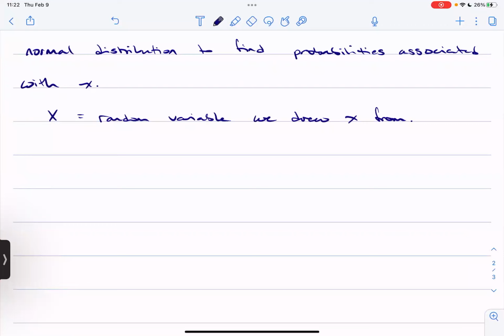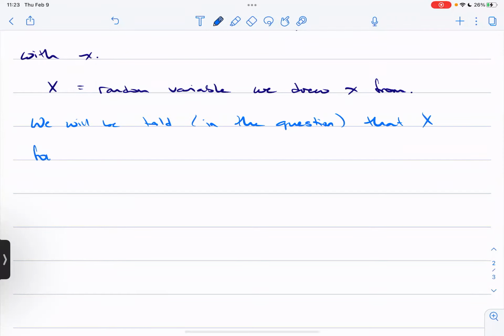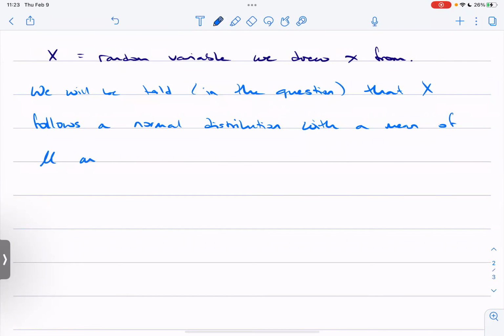So we'll be told that X follows a normal distribution. By that I mean in the question, that X follows a normal distribution with a mean of mu and a standard deviation of sigma.